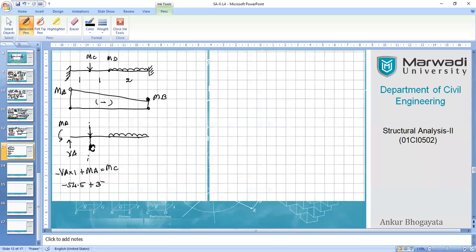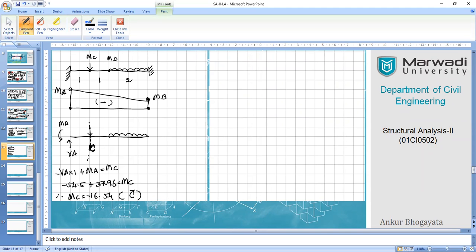So 37.96 minus 54.5 gives you MC. So MC equals negative 16.54, or clockwise you can say 16.54. I will write here clockwise. Right. That's it. I can show it by other ways also, or I can write down the negative value also.